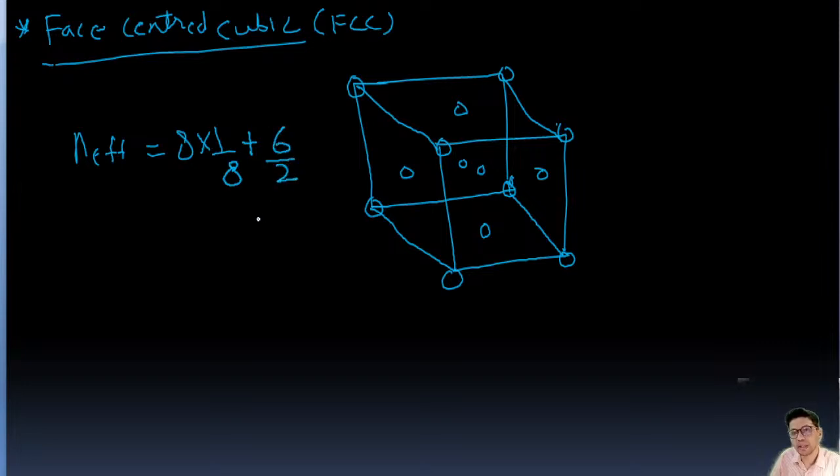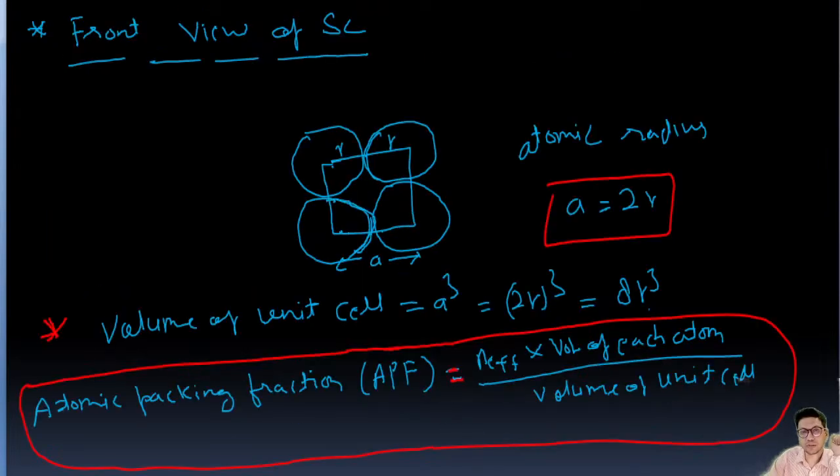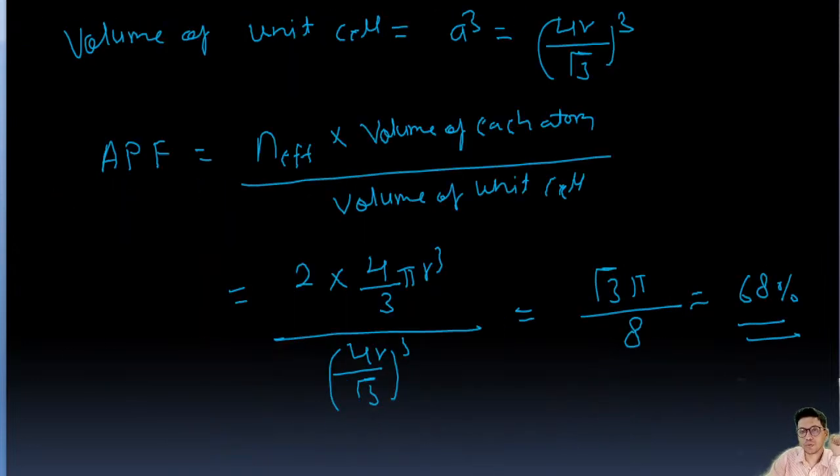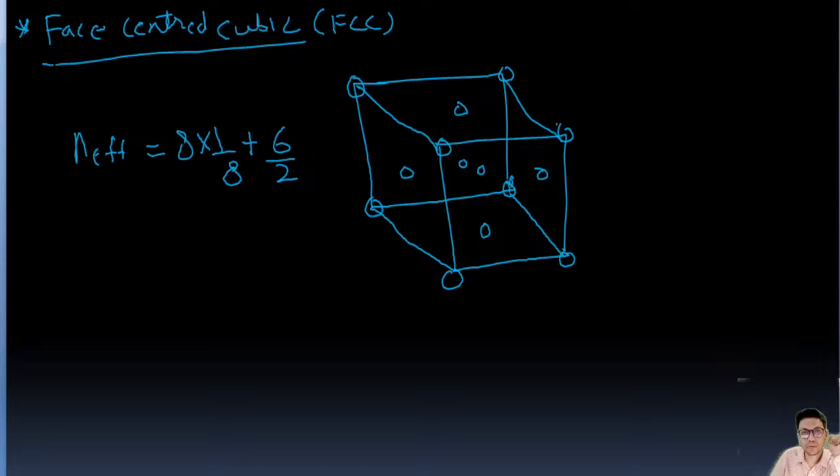Because we know the formula, guys, I told you this one: N effective equals NC by 8 for corner atoms, plus NF by 2 for face atoms, plus Ni for atoms at the center. So the 8 will get cancelled, so 1 plus 3, that is 4. So N effective for the FCC crystal is 4.